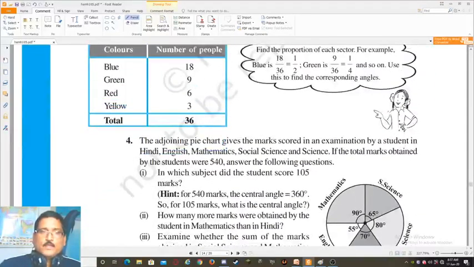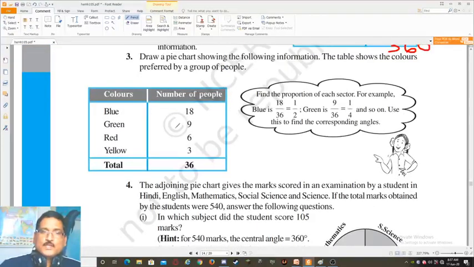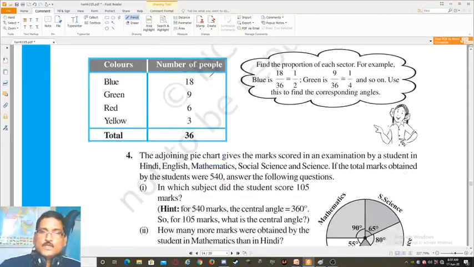Same. So blue, green, red, yellow. Number of people, choice of color. Okay, 36 is the total. So the fraction will be 18 upon 36. That is half. Half means 180 degrees. Multiply by 360: 18 upon 36. Clear?